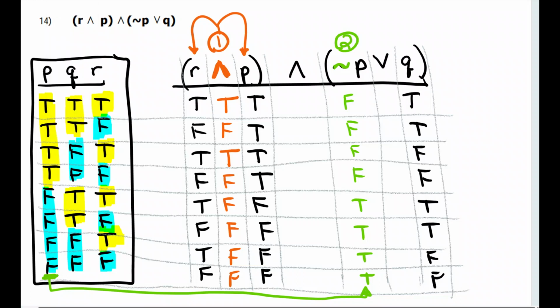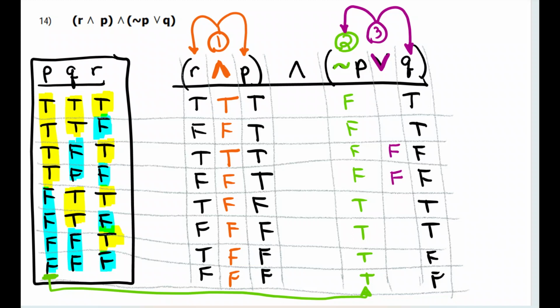Okay, and now I'm going to do this OR. This will be step 3. And that OR comes between the negation of P I just calculated and the Q column. Okay, but this time it's an OR. And on an OR, the only time you get a false is when they're both falses.